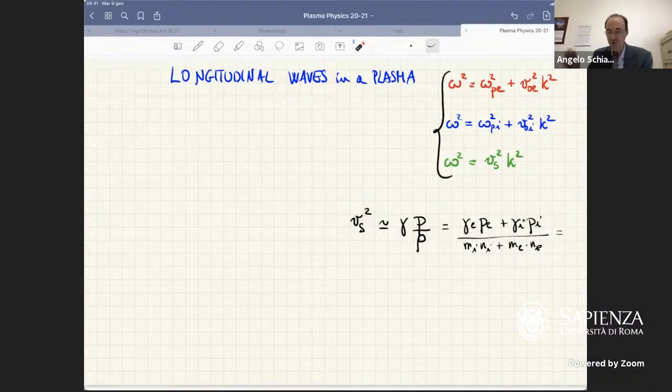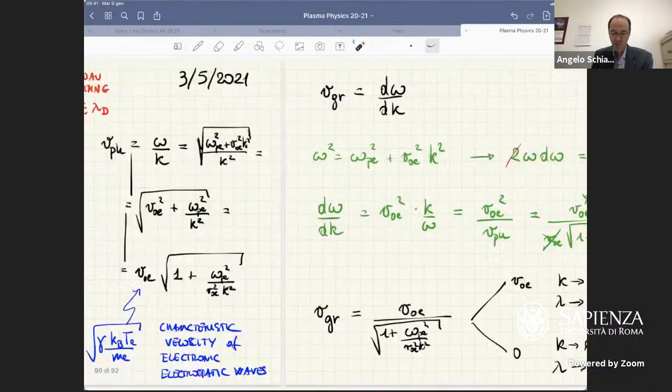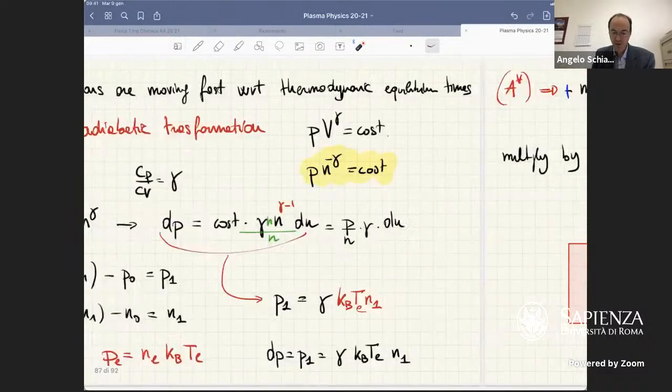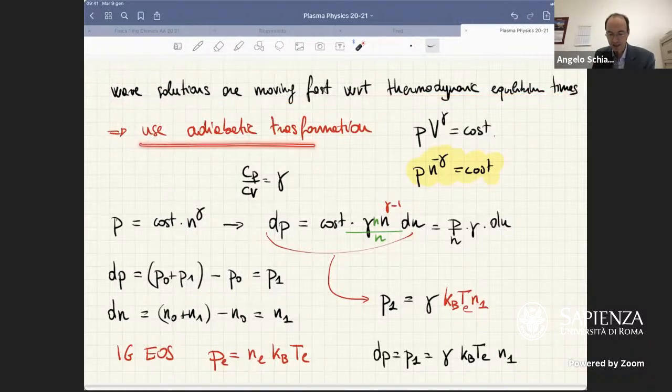If we go back to our derivation of the longitudinal waves, if you remember, we said the wave solutions are moving fast with respect to thermodynamic equilibrium times. So for the electronic wave, we used the adiabatic transformation, and this was the gamma of the adiabatic transformation.